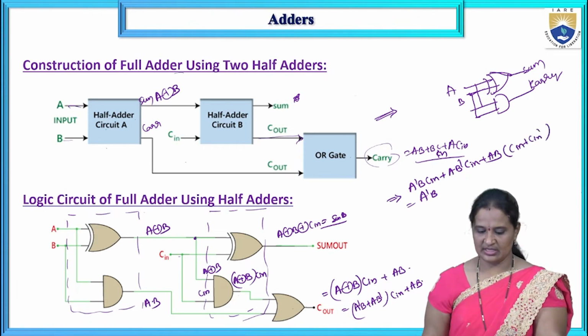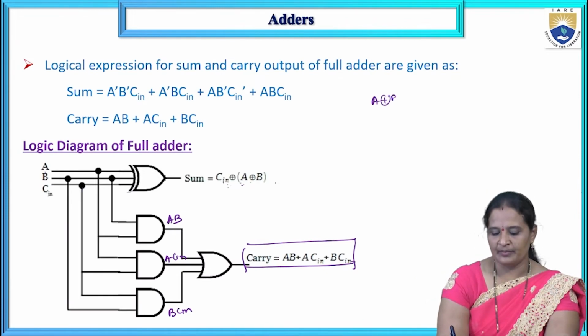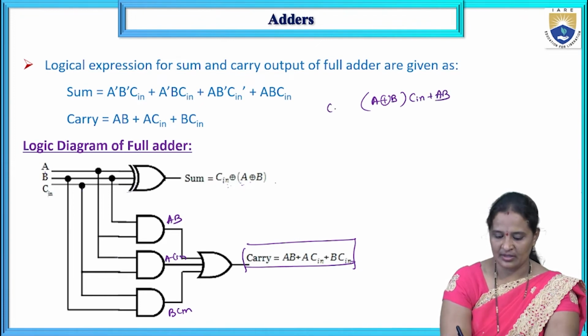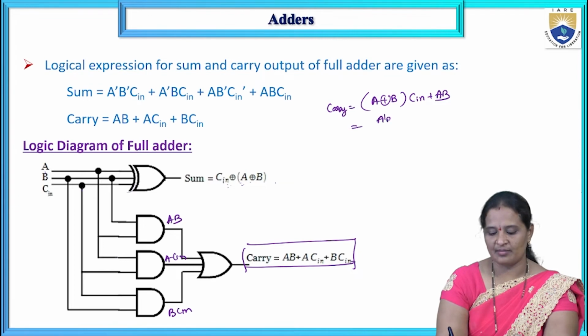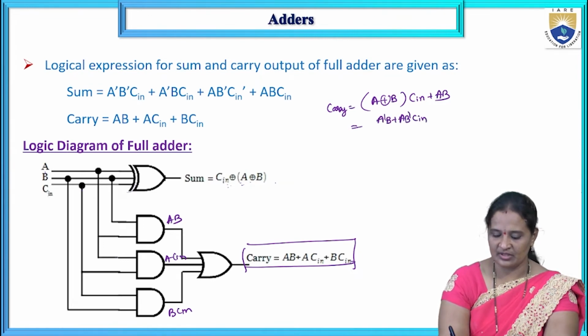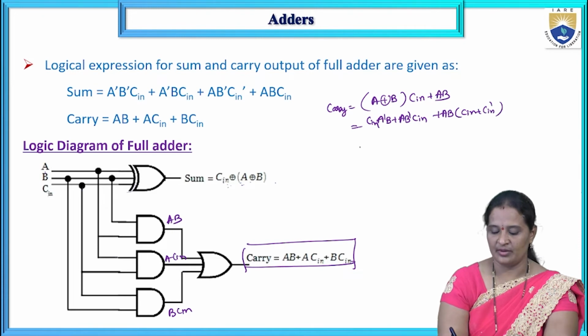So let us do this derivation here. A XOR B into Cin plus AB is the carry output. Now I'm expanding this: A bar B plus AB bar into Cin, plus AB into Cin plus Cin complement, right?